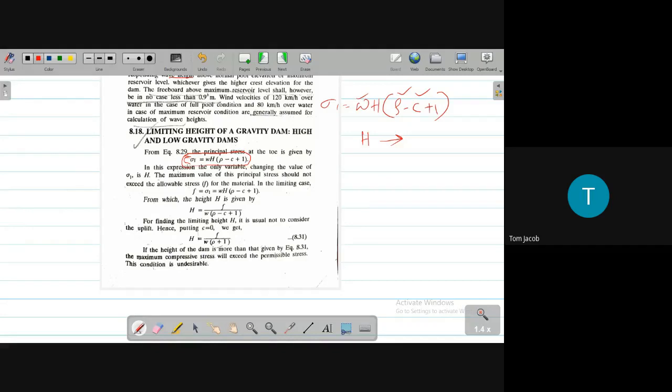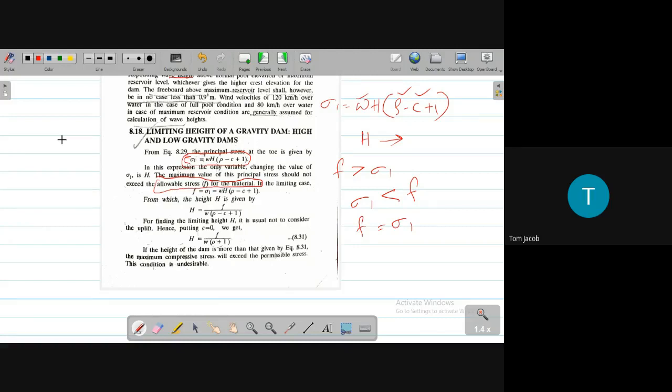So the allowable stress for the material that we are constructing here, let it be F. Okay. So F should be greater than sigma 1, that is, the principal stress that may occur in the dam should be less than the permissible stress F. So for the limiting case, let us equate F is equal to sigma 1.